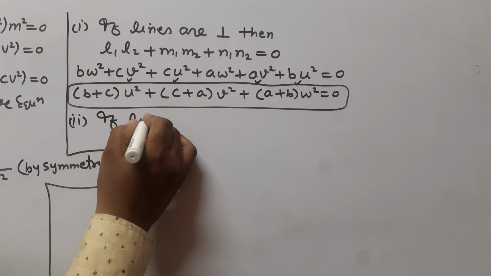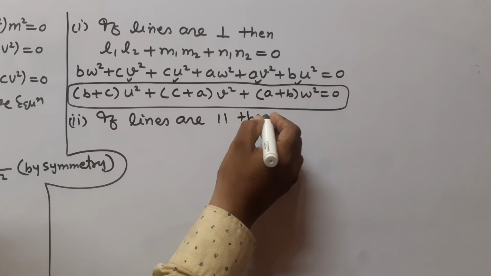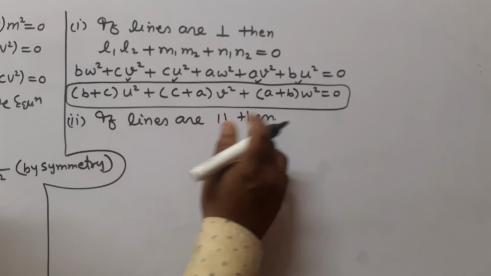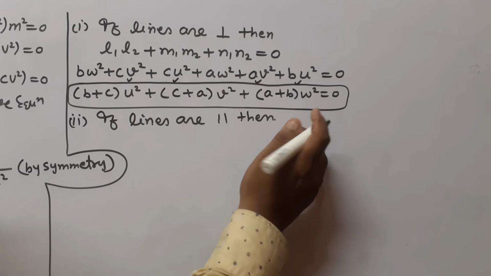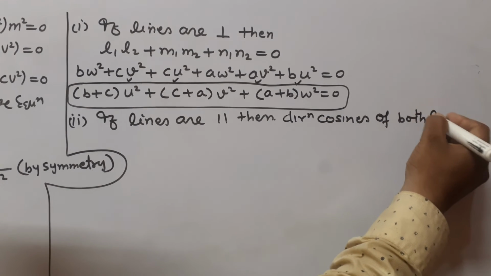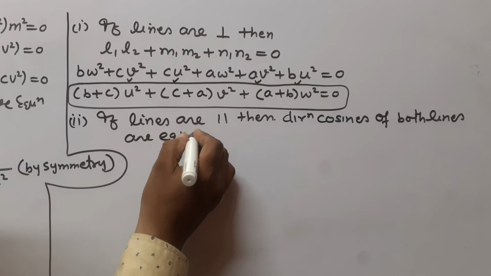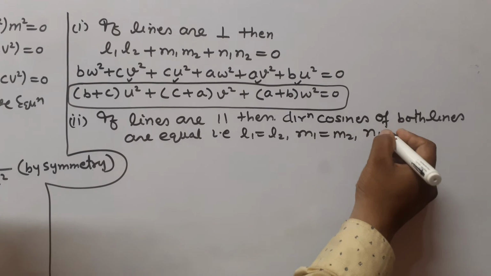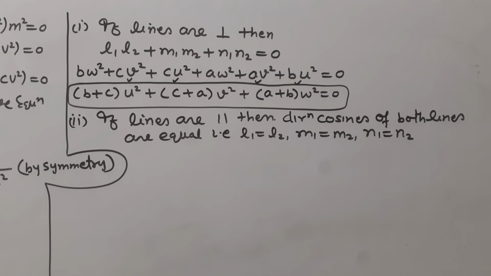So if lines are parallel, then the direction cosines of both lines are equal.